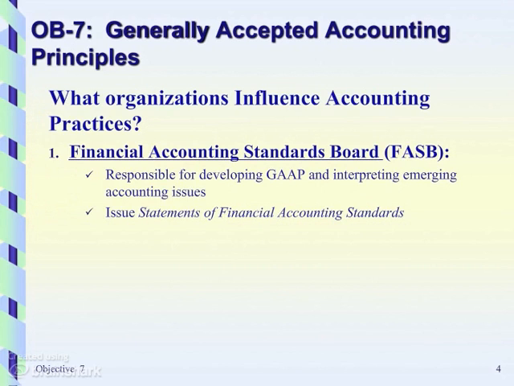A second entity that helps to influence accounting practices is the American Institute of Certified Public Accountants, the AICPA. It is a professional association for CPAs. It influences accounting practice through the activities of its senior technical committees.